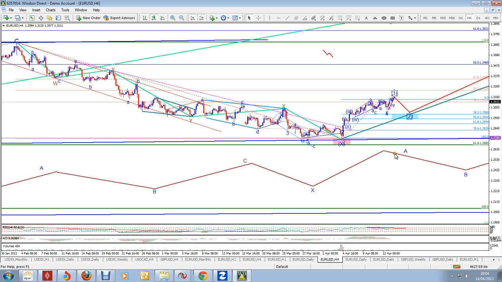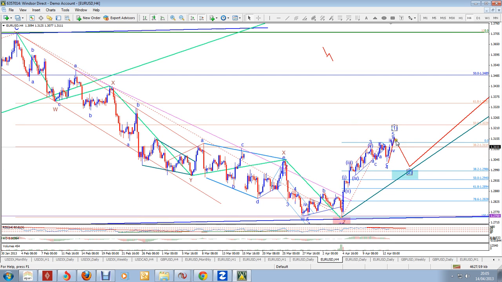So I'm expecting once we have this 5 wave up, the euro then does an ABC retracement like this. Let me just make that a little bit more realistic.